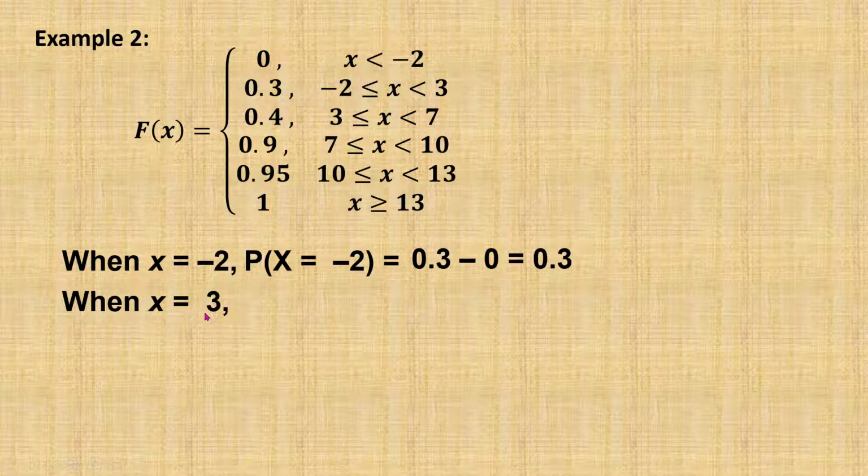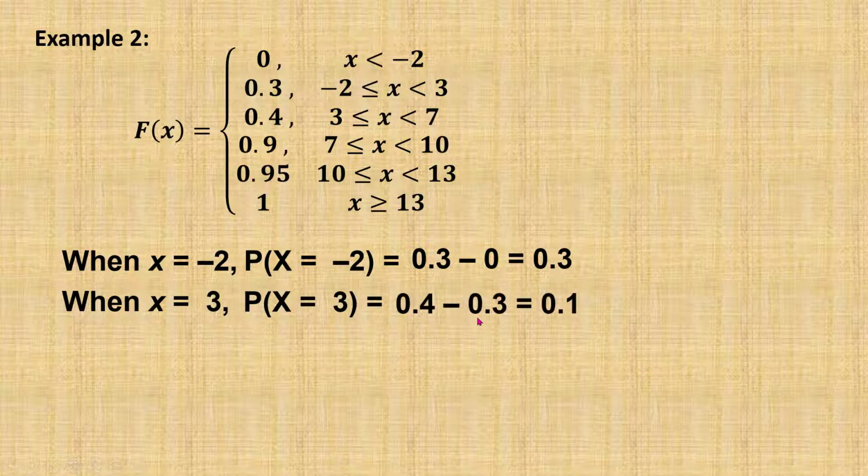And when x is equal to 3, to find the probability, we are going to use the cumulative probability for this interval minus the cumulative probability before it. That is 0.4 minus 0.3, which is equal to 0.1.